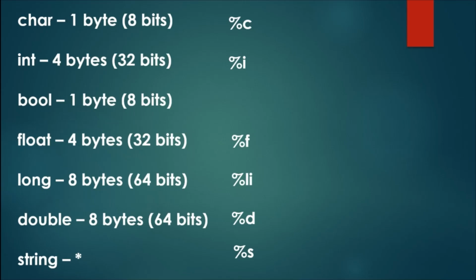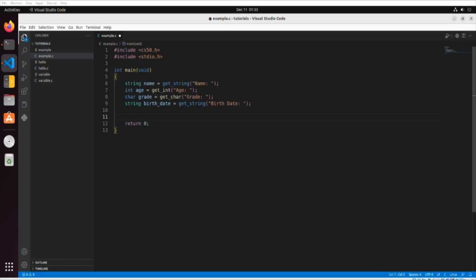For example, char is %c, integer is %i, float is %f, string is %s, and the only one that's a little different is the long format code, which is %li for long integer. And these format codes are just a special symbol that printf will use as a placeholder. So let's see this in action.